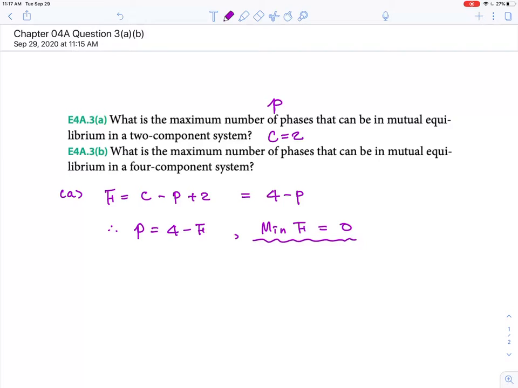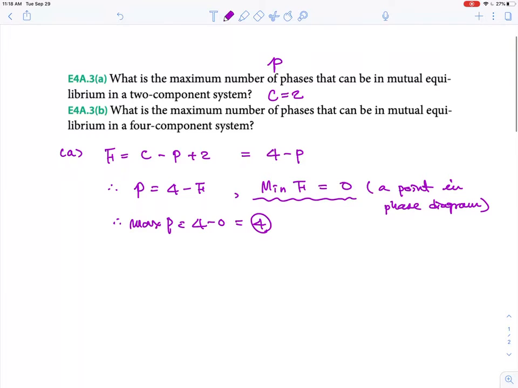It is like a point in the phase diagram. There is no degree of freedom, and that's the minimum value. So the maximum P is 4 minus 0, which is 4. So 4 phases can coexist here.